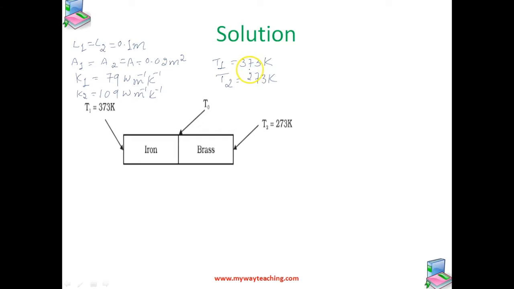Okay. Under the steady state condition, the heat current through the iron bar is equal to the heat current through the brass bar.